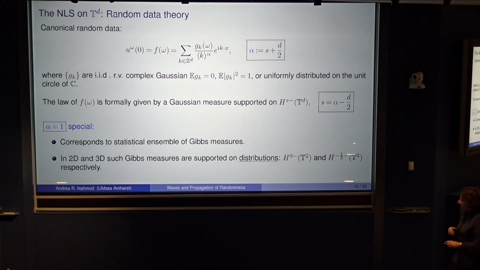And why do I show you this data? Because α = 1 is very special in the sense that α = 1 corresponds to the statistical ensemble of these Gibbs measures. In dimensions 2 and 3, these measures are actually really bad because they are supported on distributions.